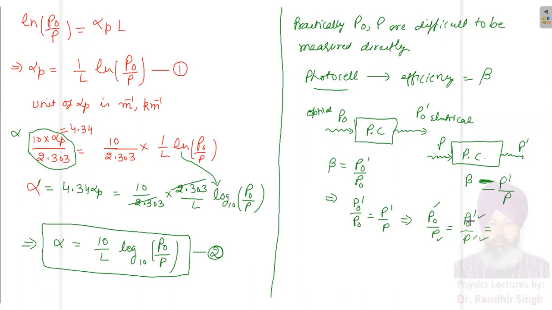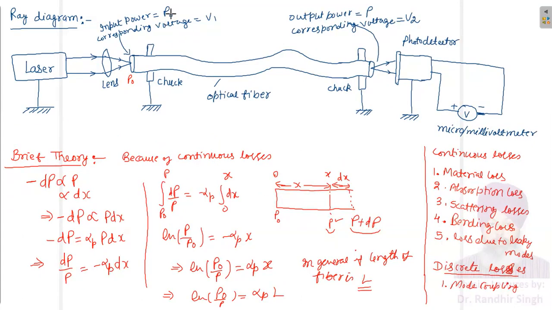Suppose at the input, if you see this diagram, let me show you the diagram. Corresponding to input power P0, the voltage signal was V1. So obviously I have converted this power into P0 dash.